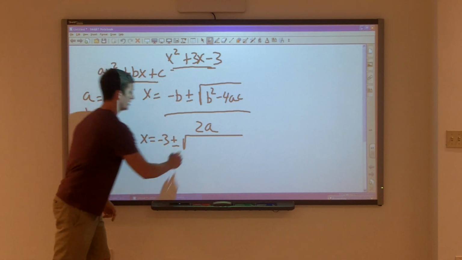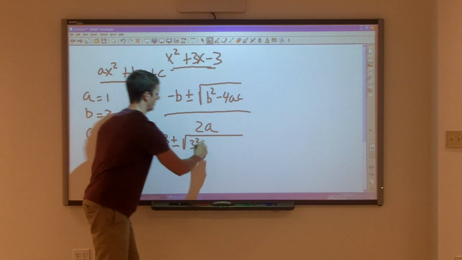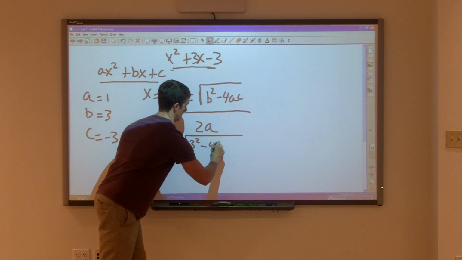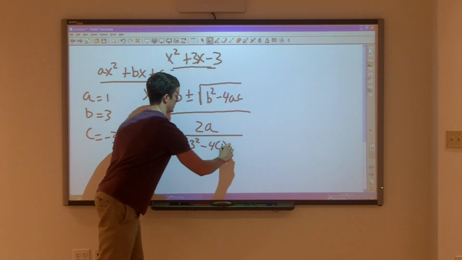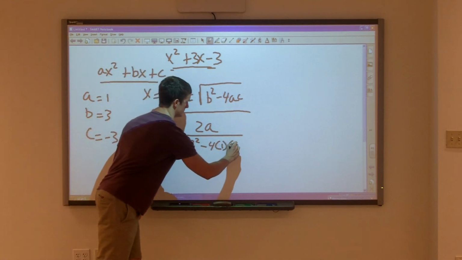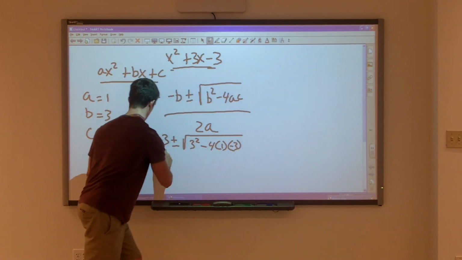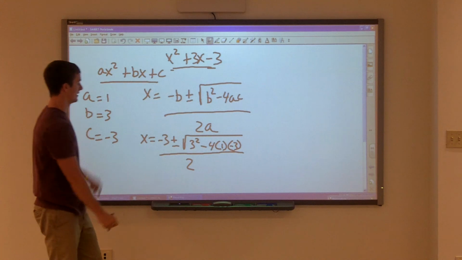So again, we're using our 3 squared minus 4 times our a value of 1 times our c, which is -3, all over 2 times our a value, which again is 1.